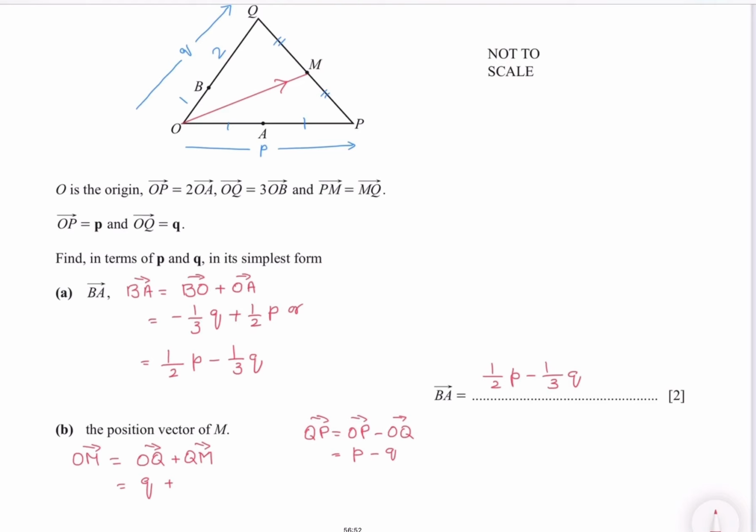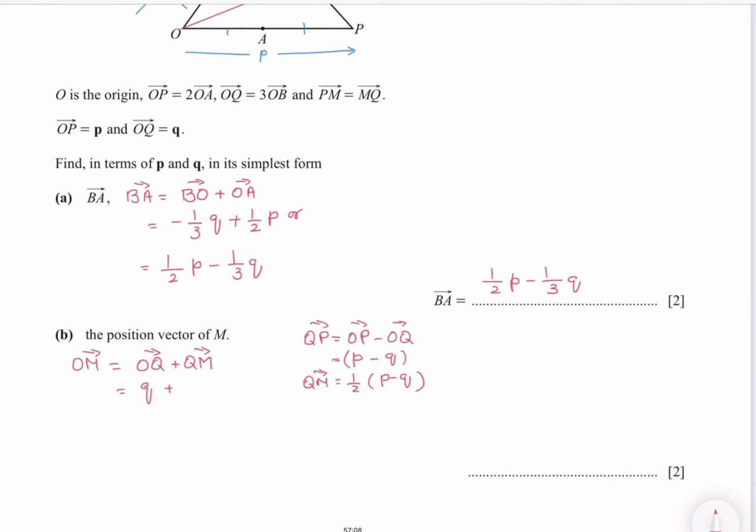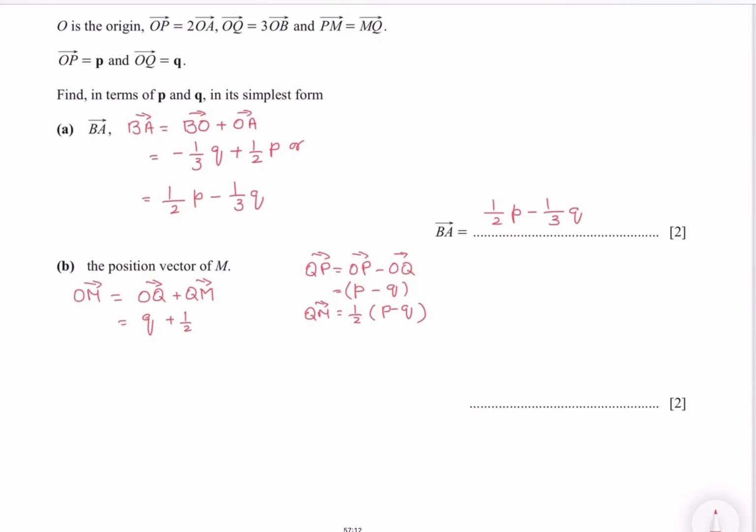So OP is P, OQ is Q. So your QM is half of P minus Q. Write this value here under QM, and from here now simplify, take the LCM 2. So it becomes 2Q plus P minus Q, and 2Q minus Q is Q, plus P over 2, or you can write 1 over 2 (P plus Q). So this is your answer for this question.